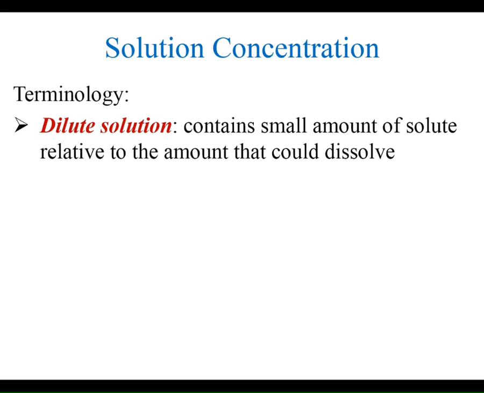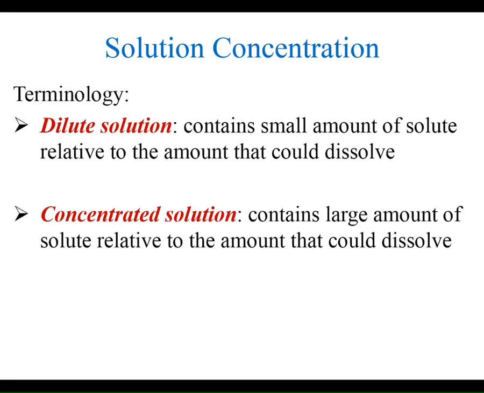In a very qualitative sense, a general term is dilute, which means there's not much of the solute dissolved in the solvent, a relatively small amount. If there's a lot of it, like really salty salt water or a lot of sugar in your coffee, then you say it's concentrated. That means a relatively large amount of solute compared to the solvent.